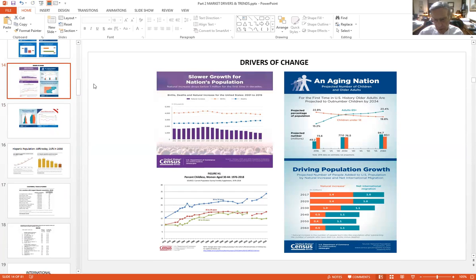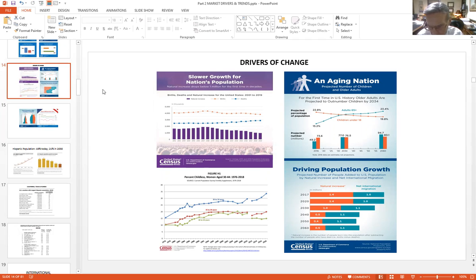So, another set of statistics that talks about these trends. In the upper left-hand corner, we see that the US population growth rate is declining. That's what the purple bars represent. And the yellow line represents births, and the blue line represents deaths.